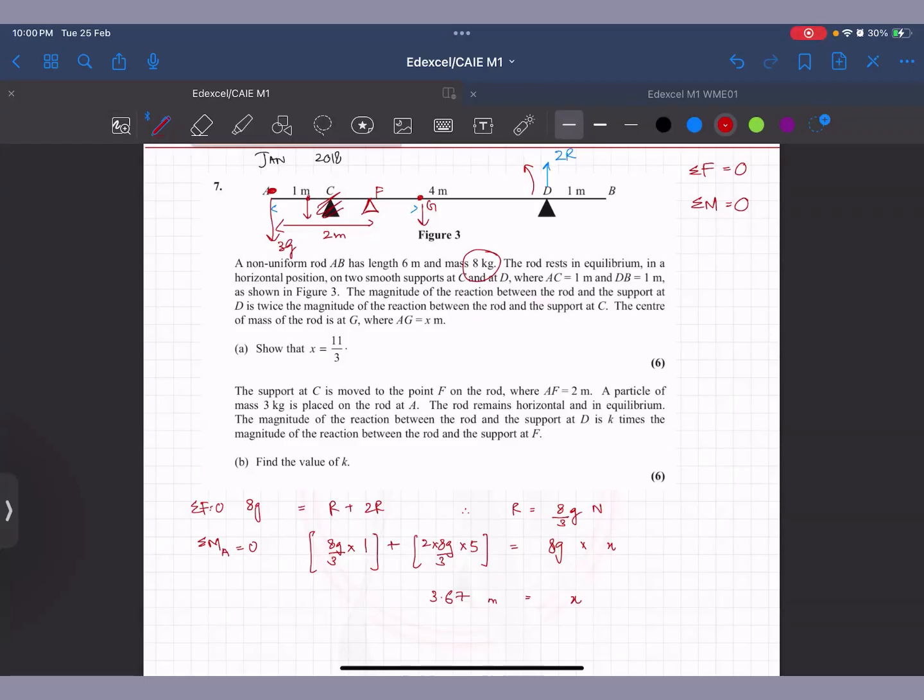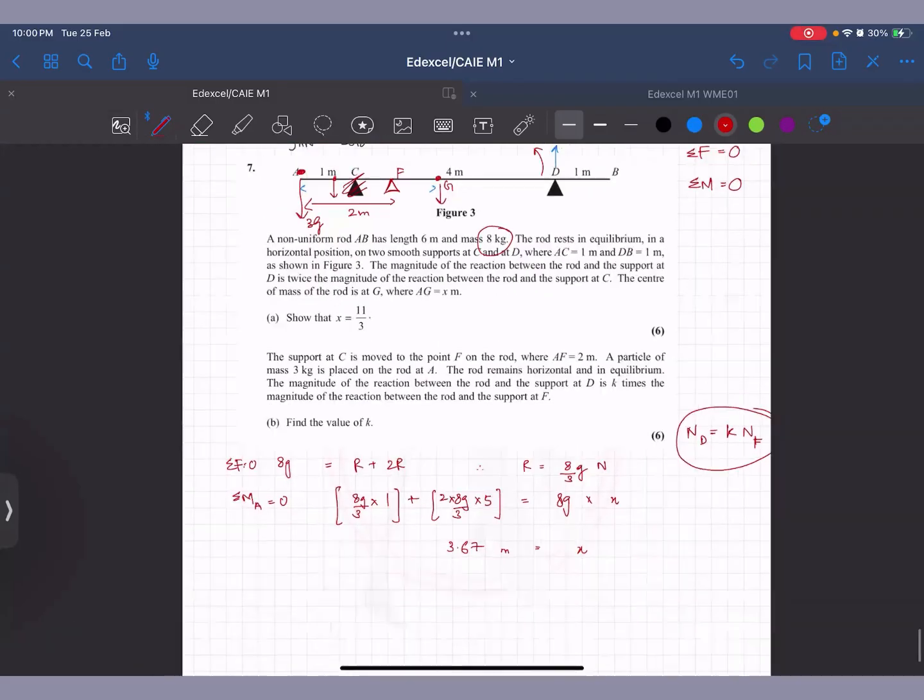The magnitude of the reaction between the rod and the support at D is K times the magnitude of the reaction between the rod and the support at F. We don't know this K. They're asking for this K.